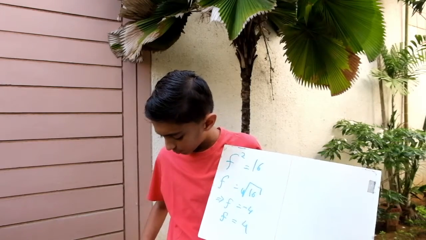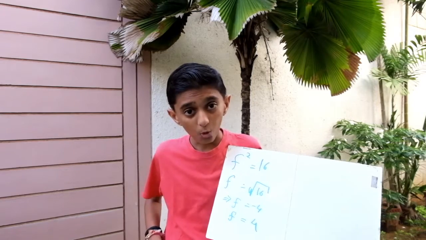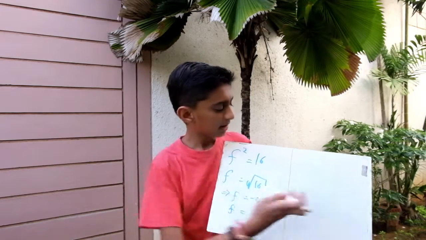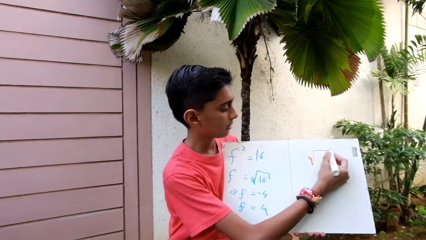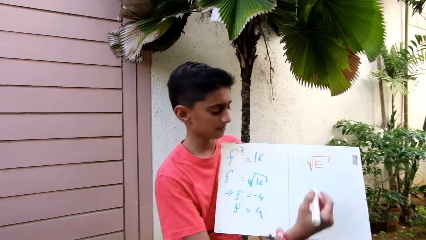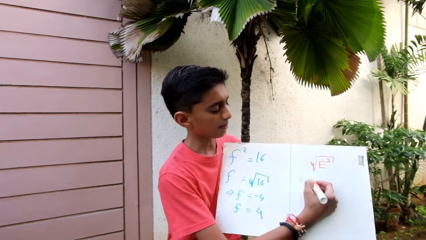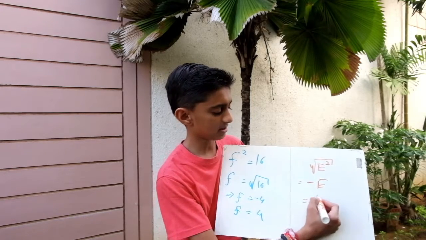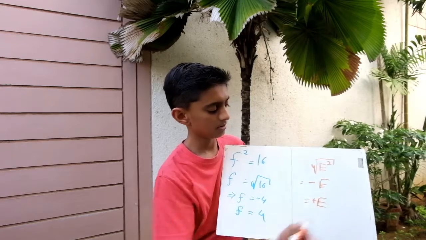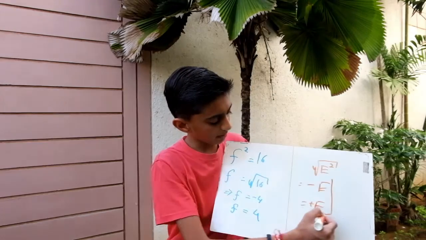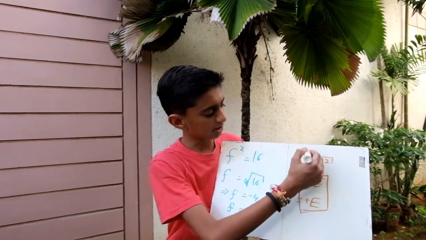In the same way, what Paul Dirac found was that root e square has two options, that is minus e and plus e. These two can be the solutions for this equation.